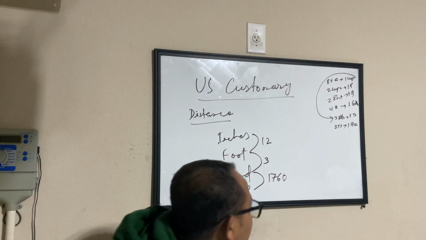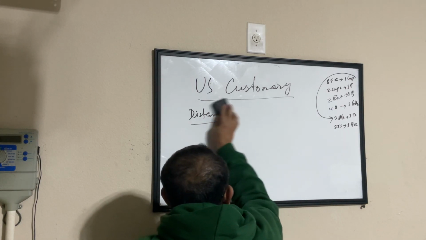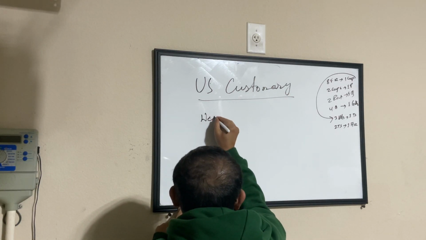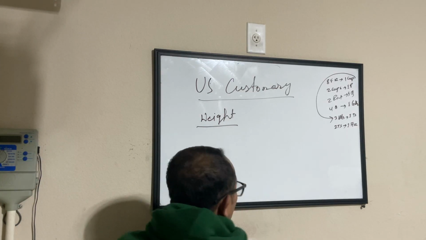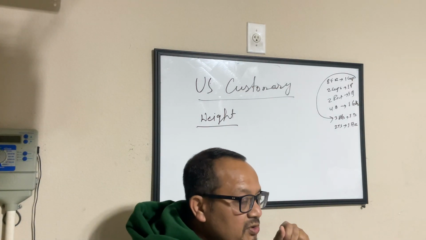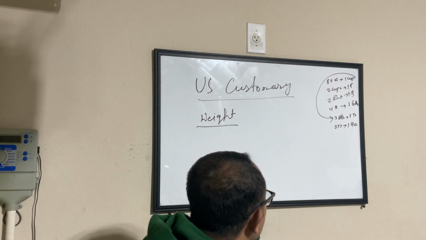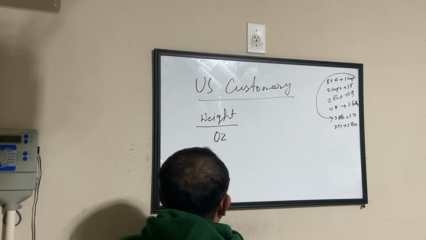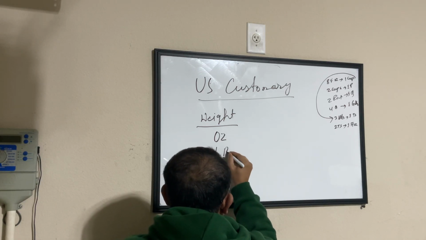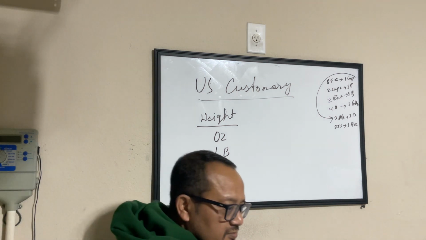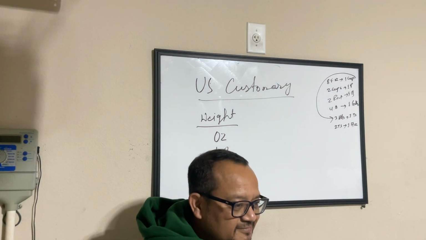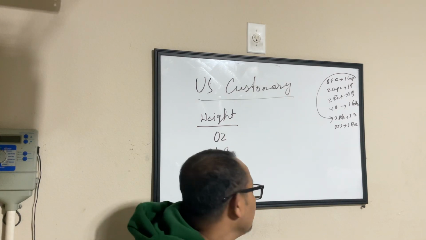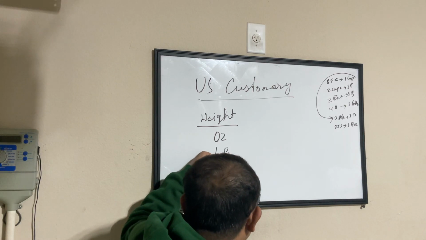Now if you go from distance to the next one, let's say weight. If we talk about weight, let's see who all remembers this. Here we talk about ounces, then pound.